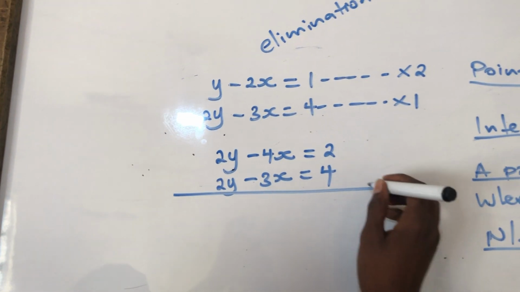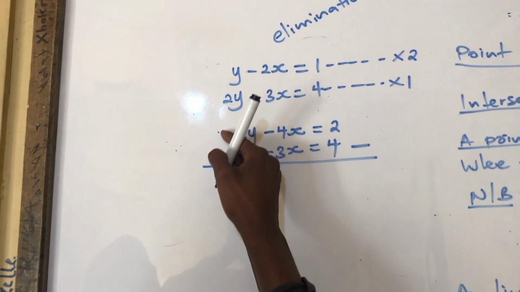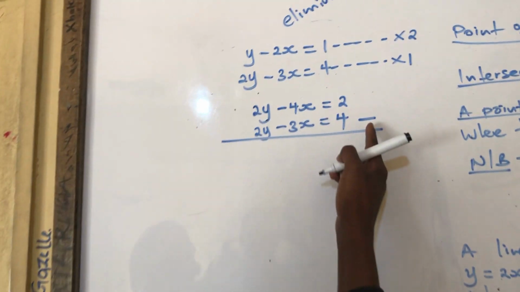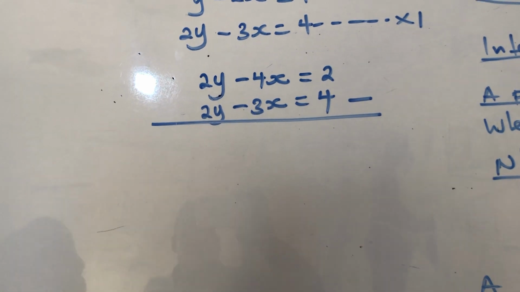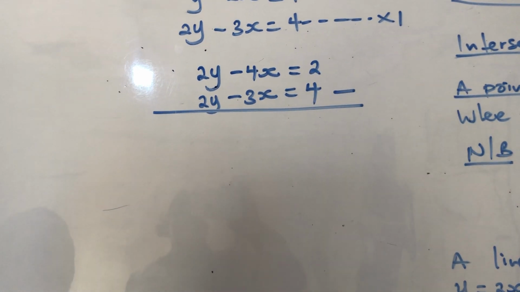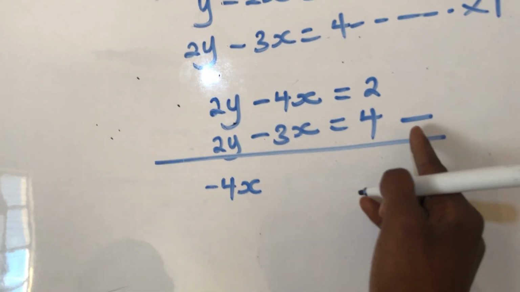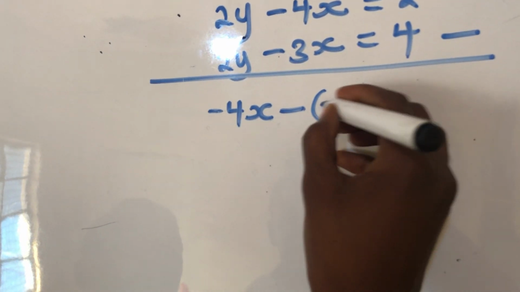The two equations will then be subtracted in order to eliminate the y. So what will be 2y minus 2y? They will cancel out. What will be negative 4x minus negative 3x?